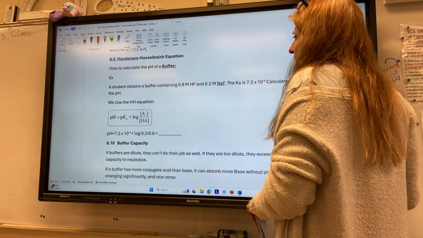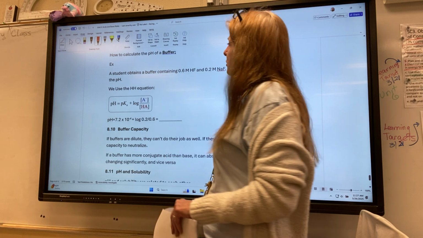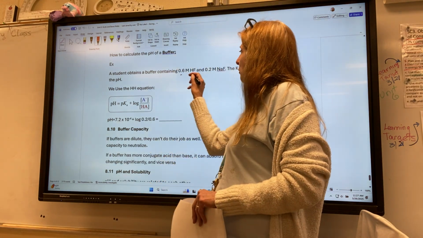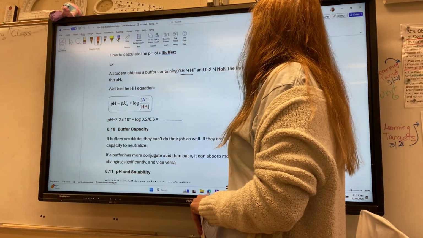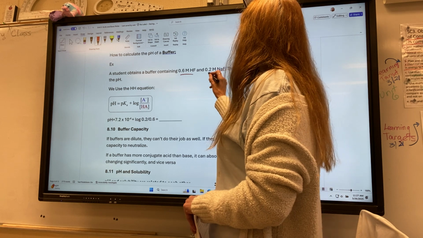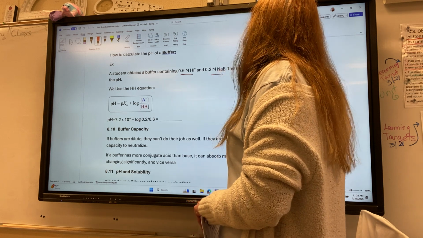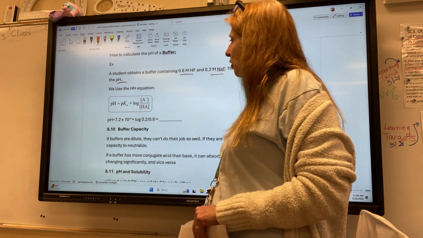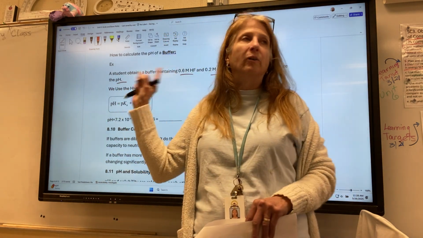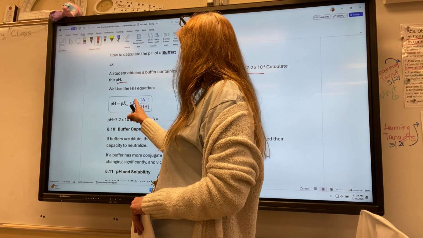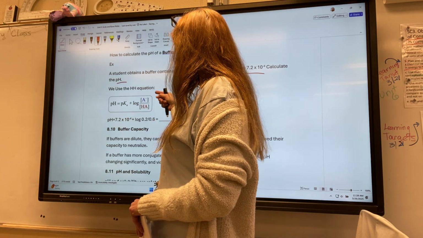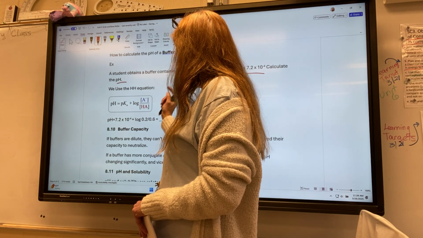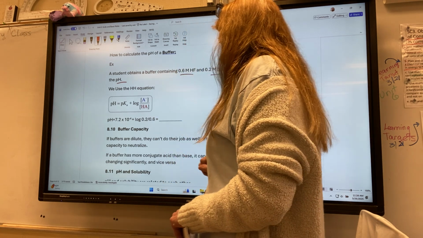Okay, so here is an example. A student obtains a buffer containing 0.6 molar HF, remember that's weak, and 0.2 molar NaF. This is our Ka, and we want to calculate the pH. This is our equation, and this is on your AP reference sheet. pH equals pKa plus log of the concentration of the conjugate base over the acid, okay?